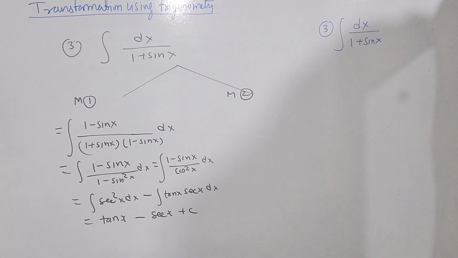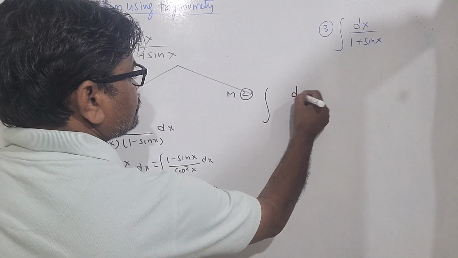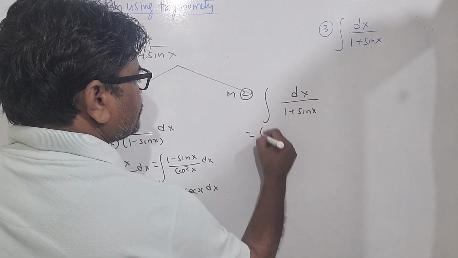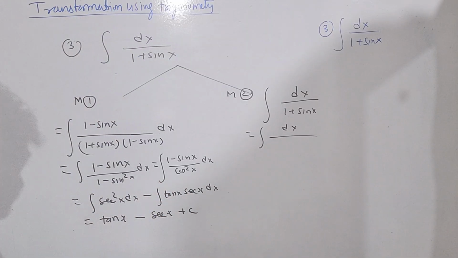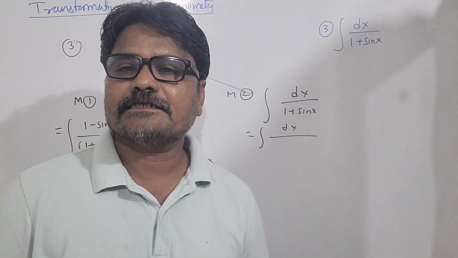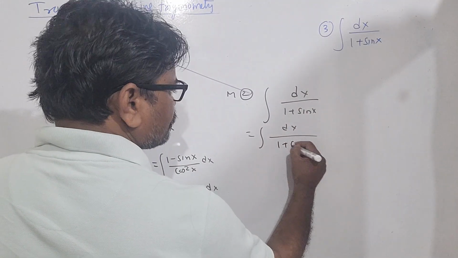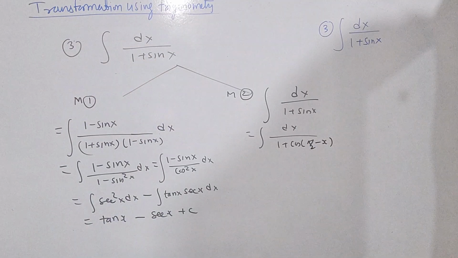Now coming to the second one. Also I can solve this as dx upon 1 plus sin x. So this can be written as dx upon, because we know the 1 plus cos formula and the 1 minus cos formula in trigonometry, correct? So therefore sin x can be converted to cos of pi by 2 minus x, correct?